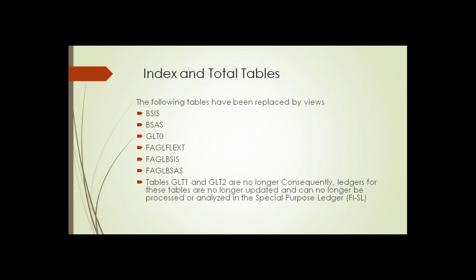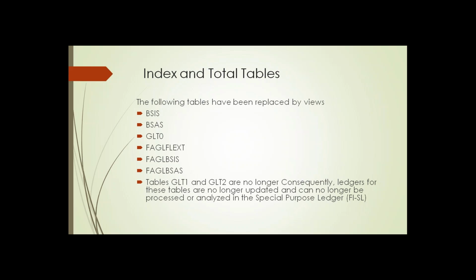The reason is whenever you perform any report, like for example select star from BSIS. Now this BSIS, earlier it was a table, now it will become a view. View means view is just a query. So whenever you ask anything from view, BSIS, it doesn't store any data in itself.